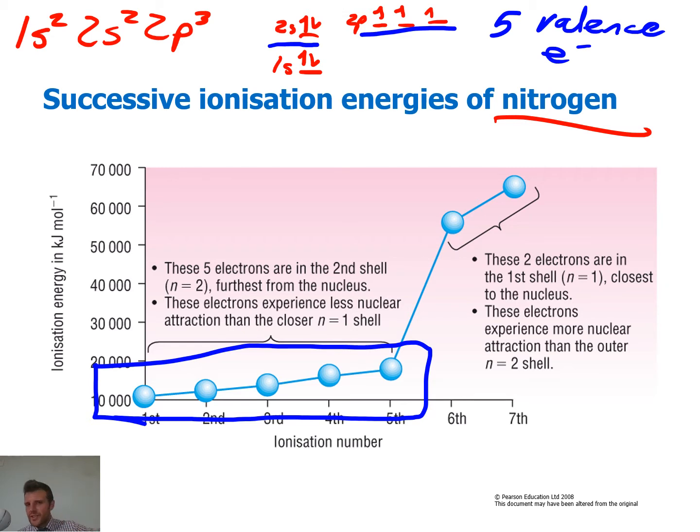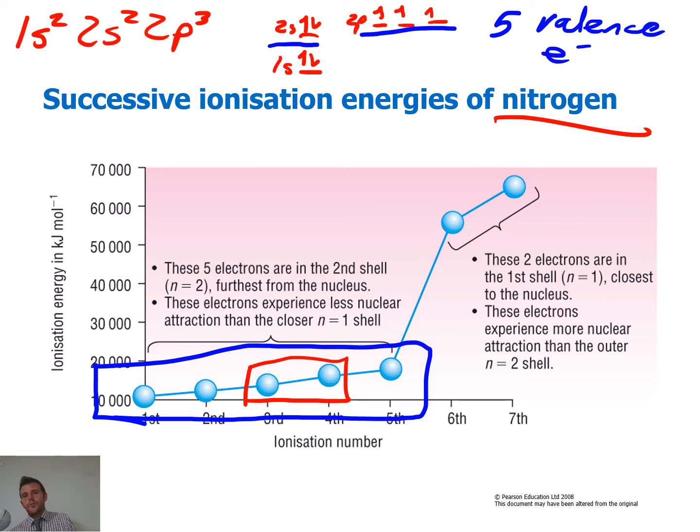So the first one was the easiest, and the next one was a little bit harder, and then a little bit harder, and then this jump gets to be bigger than the rest of them, comparatively speaking.